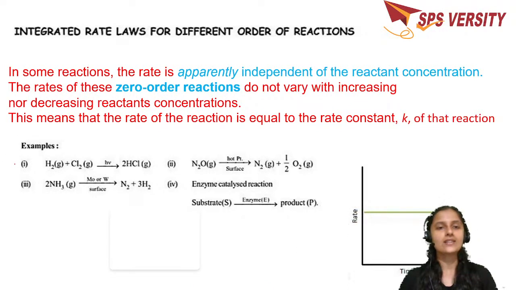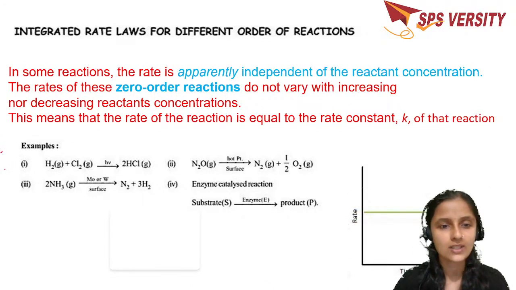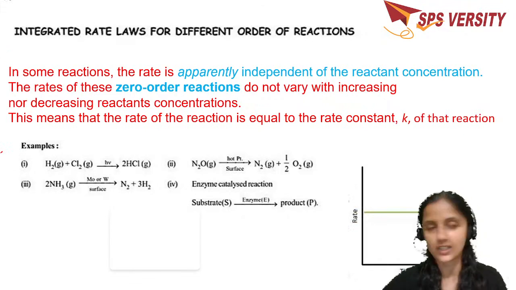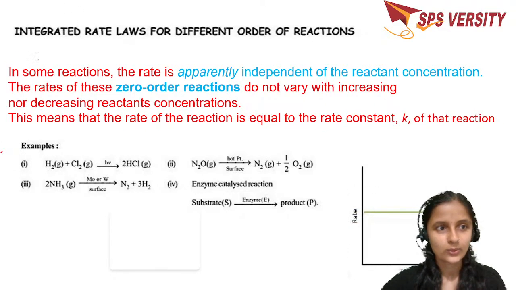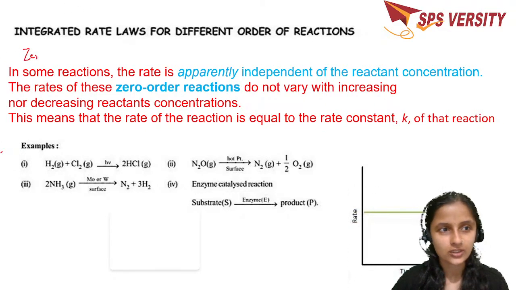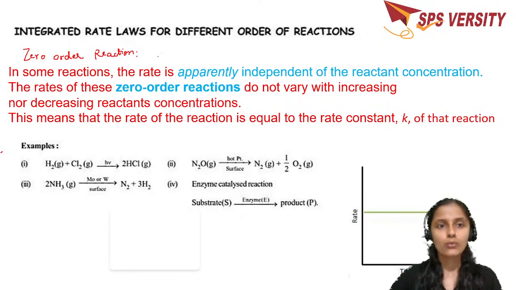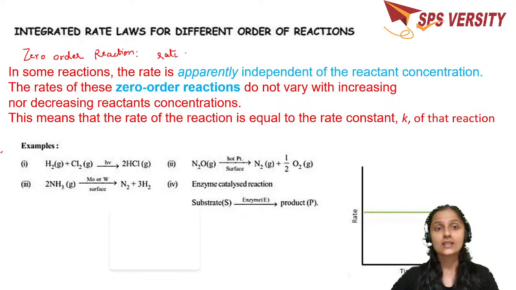What exactly is a zero order reaction? In the previous class, we spoke about the order of the reaction, isn't it? A zero order reaction is one where the rate is independent of the concentration of the reactant.